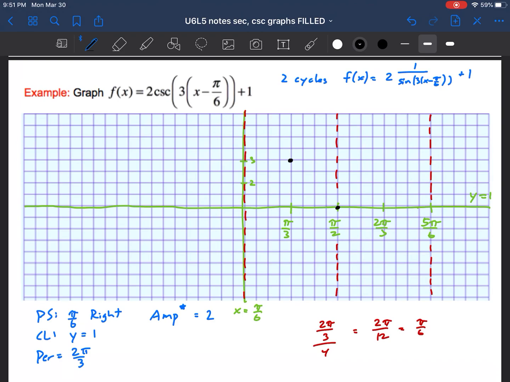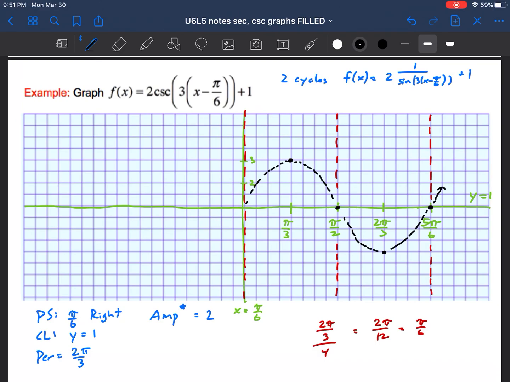Okay, it goes down to. So those are my guidelines. I can make this dotted, just to show that this is going to guide the cosecant graph. Okay, and it's going to continue to go like that.